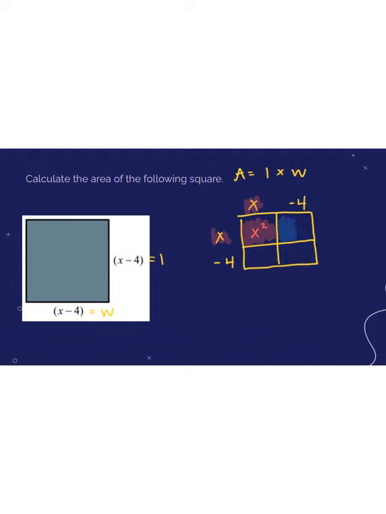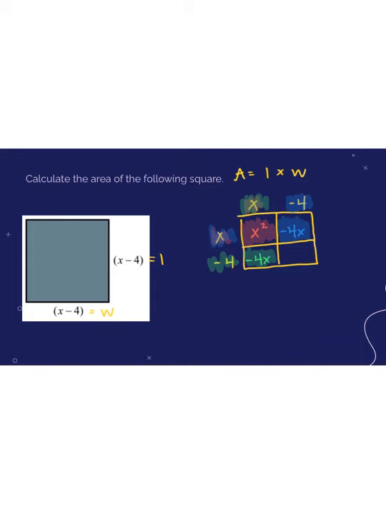Next one is I want this box right here, which is negative 4 times x. So negative 4 times x is negative 4x. I'm going to keep moving around, and now I want this box right here, which I'm going to take the top and the side. So negative 4 times x is negative 4x.